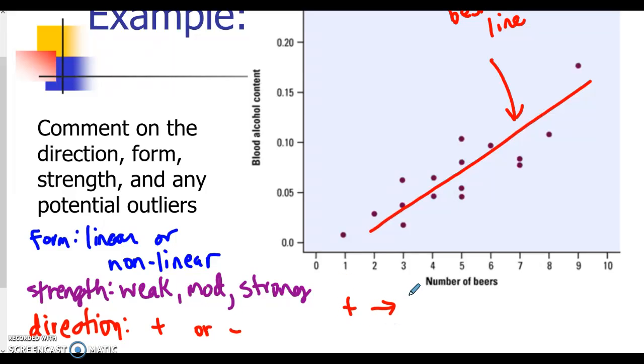And once you say whether it's positive or negative, you need to elaborate on that and say, as number of beers increases, blood alcohol content increases as well. If the relationship were negative, obviously, as whatever's on the x-axis, your explanatory variable, increases, your response variable decreases. And I think I have an example of a negative association coming up.